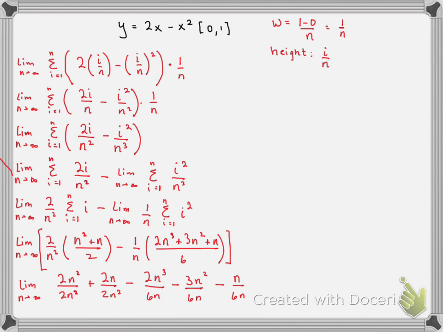Okay, so all of the terms that end up with only an n in the denominator, because the numerator has canceled, all of these will go to 0. And those n's cancel, and those n squareds cancel. So our area is 2 over 2 minus 1/6. Okay, so that's 1 minus 1/6, which gives us an area of 5/6. Okay, and there you have it.